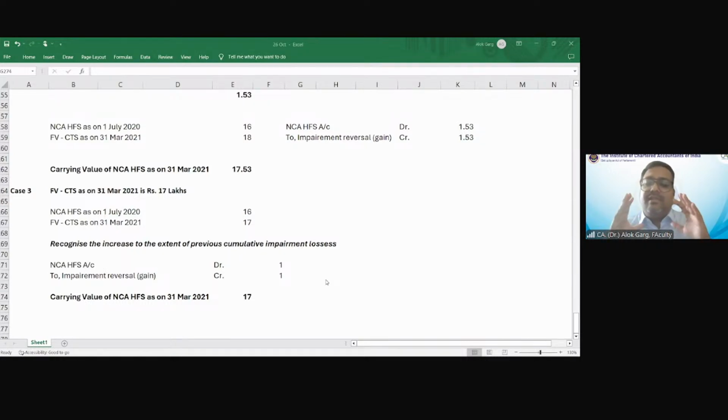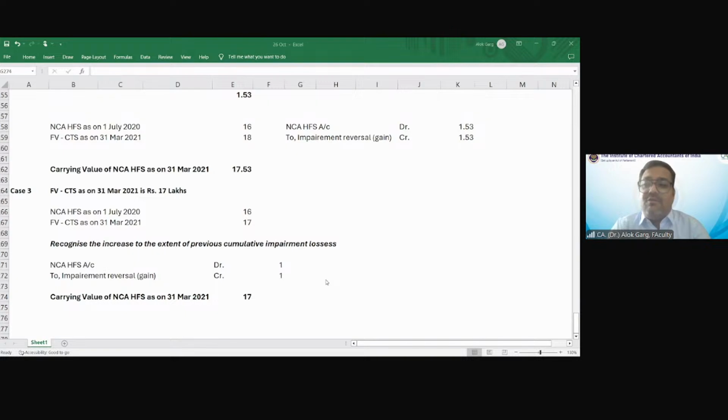So that is why, till the time the asset is existing in the books of the seller, you have to do some measurement of that asset. And since this asset is held for sale, the standard says that since it is not for use, it is for sale, you have to remeasure it at fair value less cost to sell. आपको इसको remeasure करना है fair value less cost to sell पे.